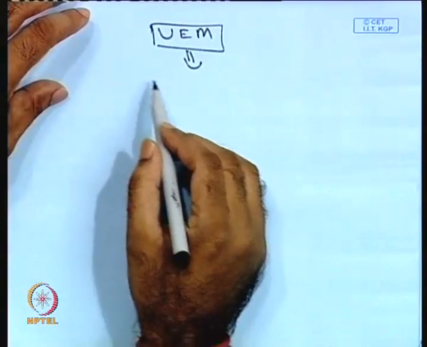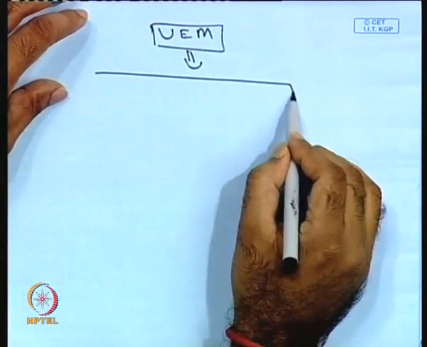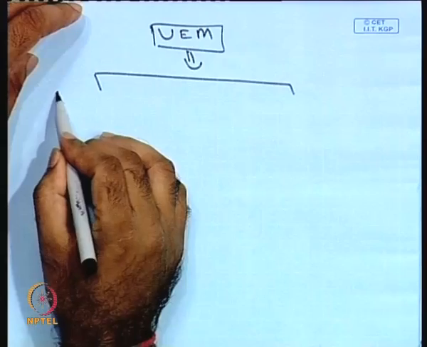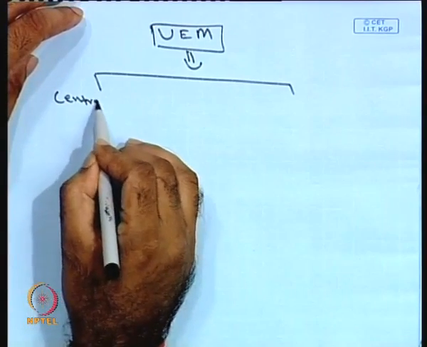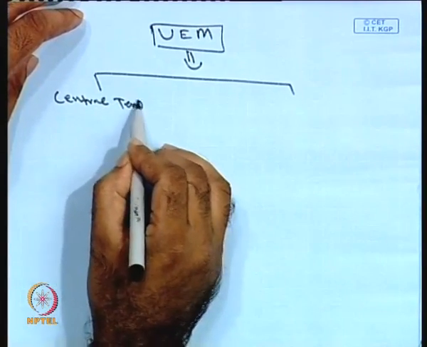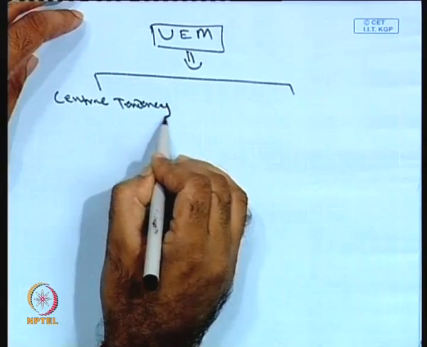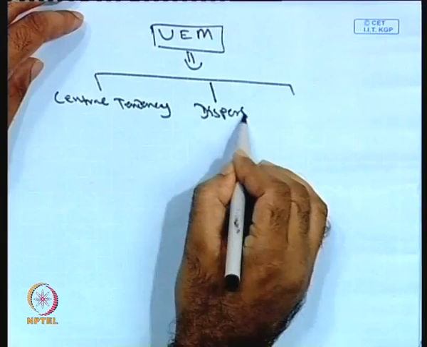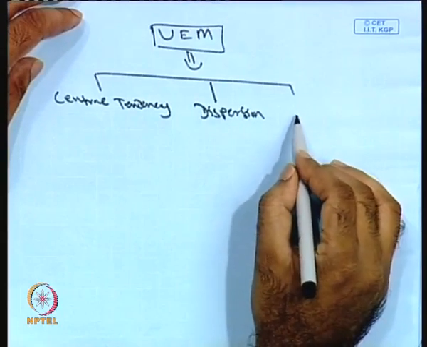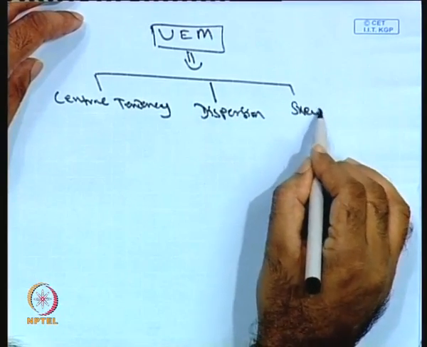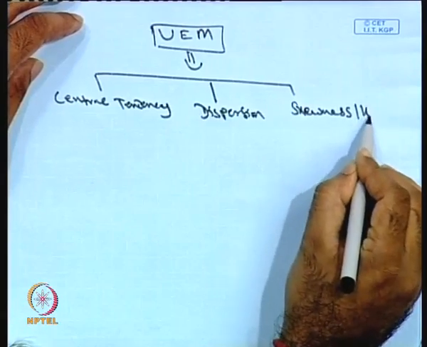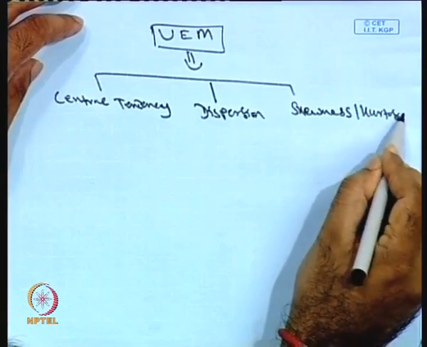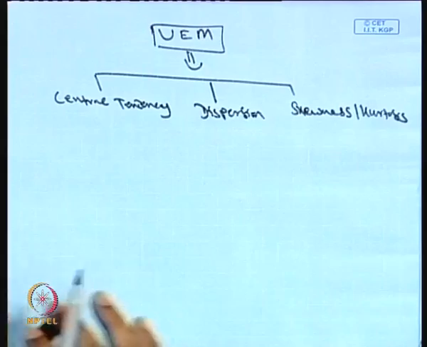Univariate econometric modeling deals with three issues. One is central tendency, then dispersion, then third is skewness or kurtosis. So, what is central tendency?